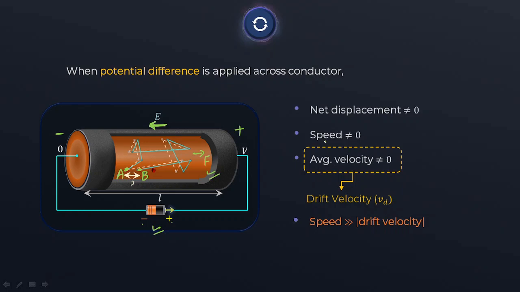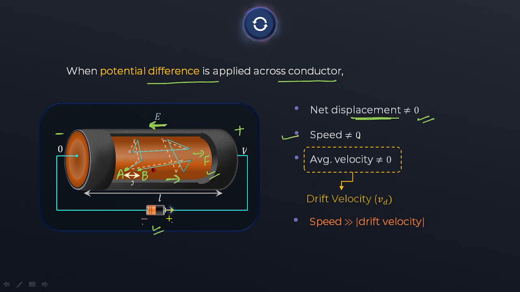Due to this force, there will be some displacement of the electrons. When a potential difference is applied across the conductor, there will be some displacement of the electron, because some force is acting on it due to this electric field. So they start drifting opposite to the direction of the electric field, right?